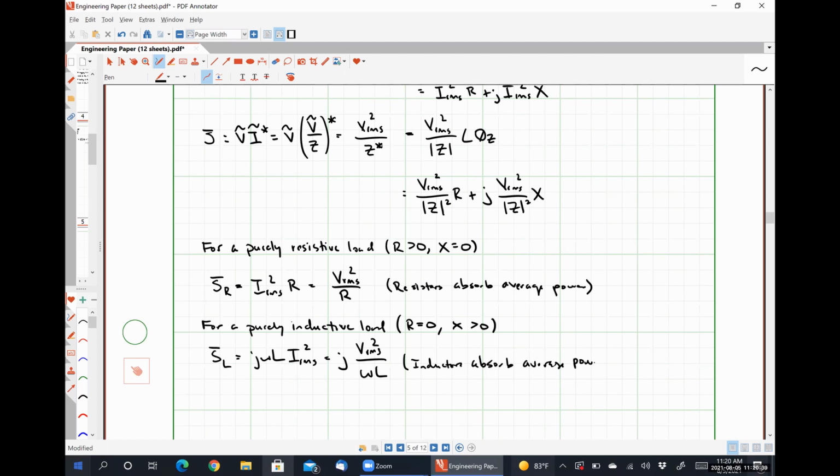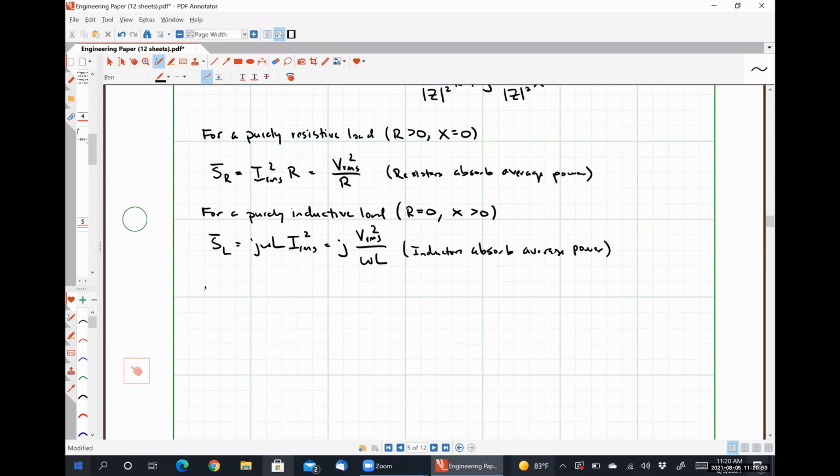And I say that because the complex power absorbed by an inductor will always be a positive quantity, right? Doesn't matter whether the voltage is positive or negative because we're squaring it, same with the current. So we're always going to have a positive quantity with regard to complex power absorbed by inductors.